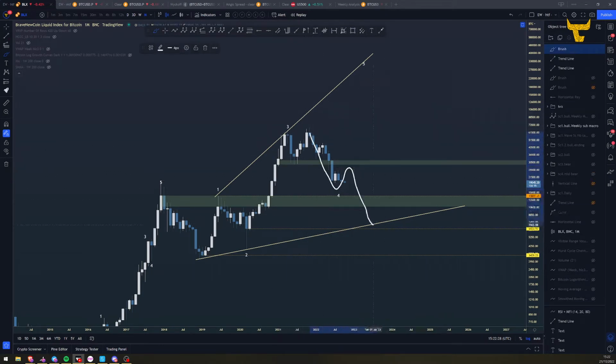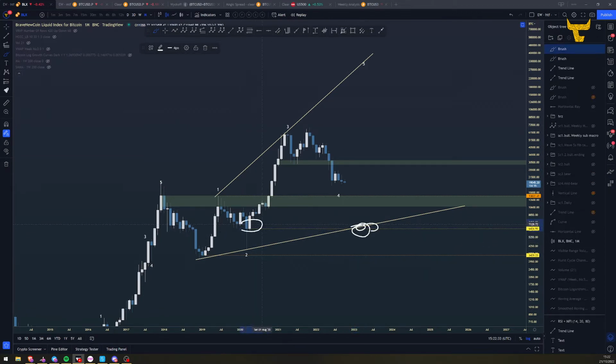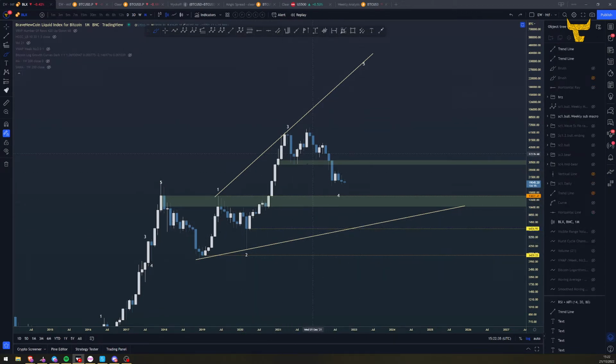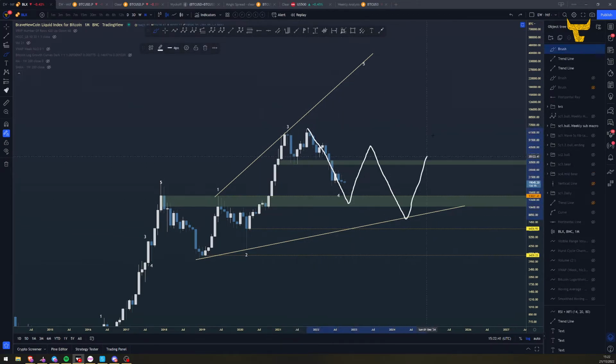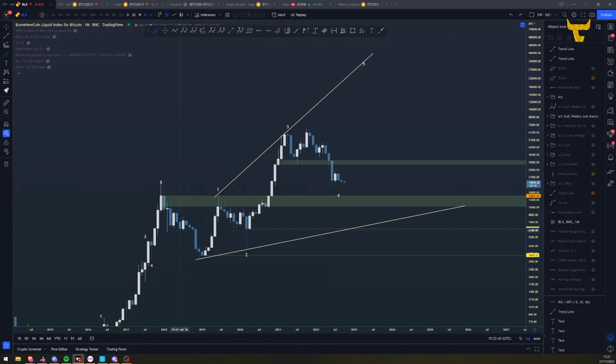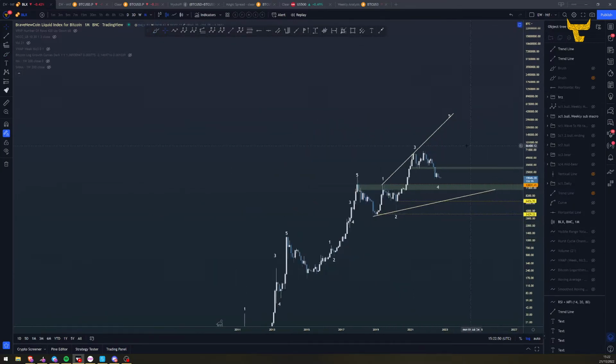But that would probably mean more upside will come to this 6K. And then the count inside here would probably mean we are in 5 and still have something like this to come. Anyway, that's not really one of my favorite counts.